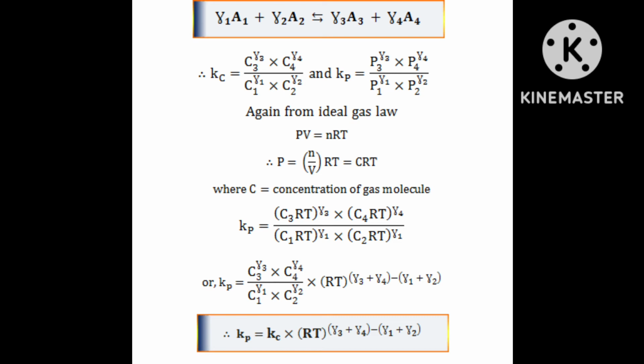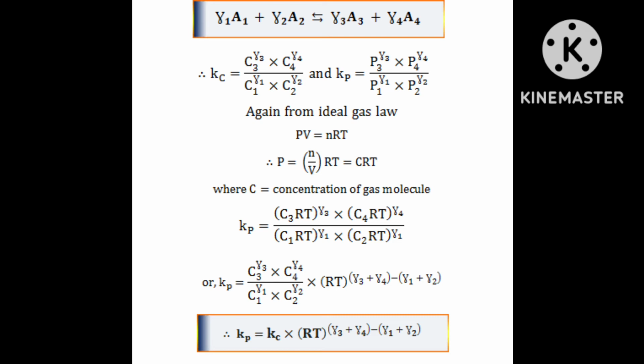Now what you have to understand, keep in mind this balanced equation, the second example I told in the beginning: N2 plus 3H2 is equal to 2NH3. Now keep this reaction in your mind. Then write the Kp expression again for this equation.